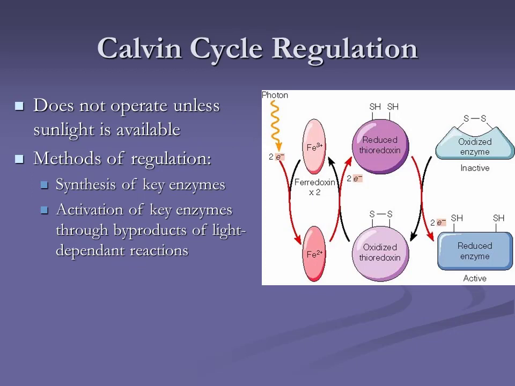So how is the Calvin cycle regulated? Well, if you don't have sunlight, it's not going to go anywhere. If you have more of the enzymes, then you're going to have more of the carbon assimilation.